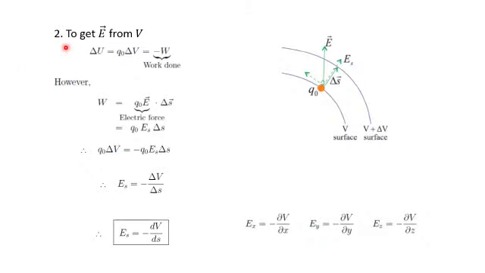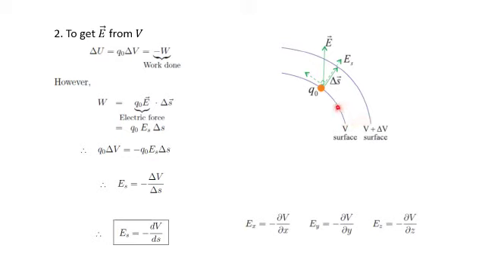The second approach is to get E from V: if we know the electric potential V, how do we determine E from that? For this we consider two surfaces. One surface is at a potential V and the other surface is at a potential V plus delta V. So there is a potential difference between the two surfaces.